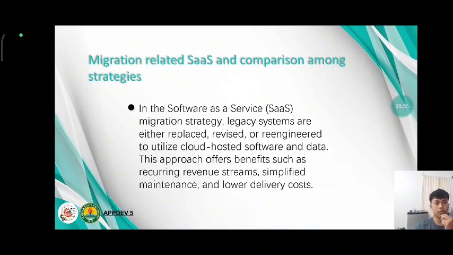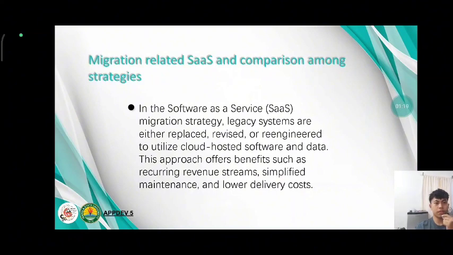migration related to SaaS and comparison among strategies. In the software as a service migration strategy, legacy systems are either replaced, revised, or re-engineered to utilize cloud-hosted software and data.